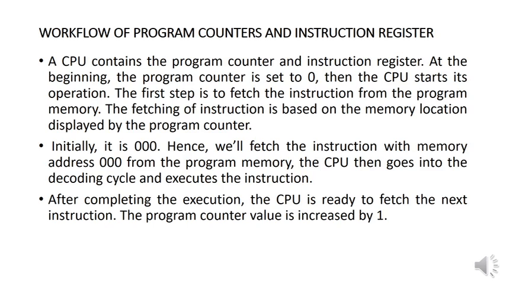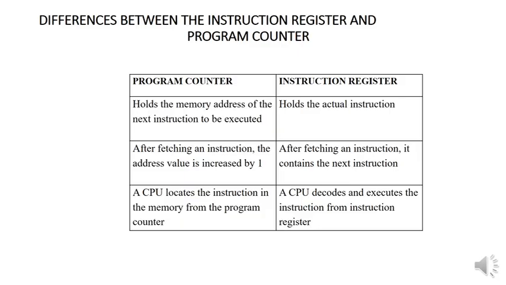After completing the execution, the CPU is ready to fetch the next instruction. The program counter value is now incremented by what? By 1. It has moved from 0 to 1. So you can see the workflow there. Very, very direct and very straightforward.